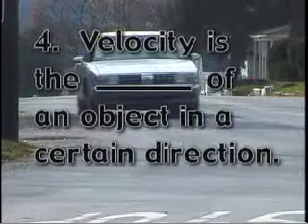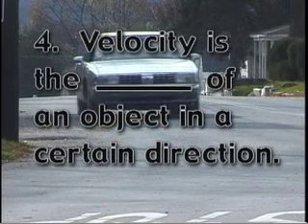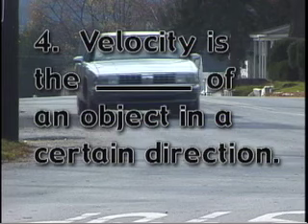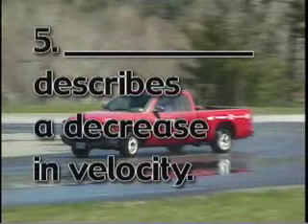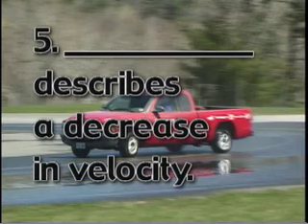Number 4. Velocity is the of an object in a certain direction. And number 5. Describes a decrease in velocity.